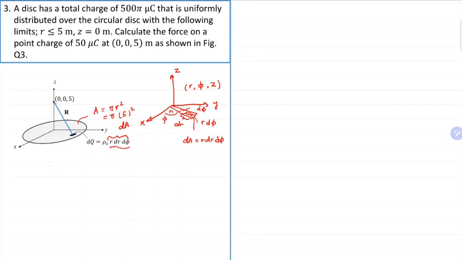And therefore we can now define the surface charge density, rho s, is equal to 500 pi divided by pi 5 squared, and that gives us 20 microcoulombs per meter squared.